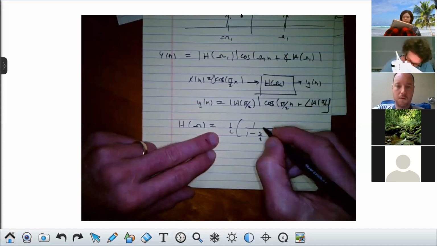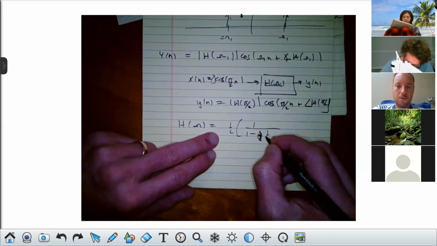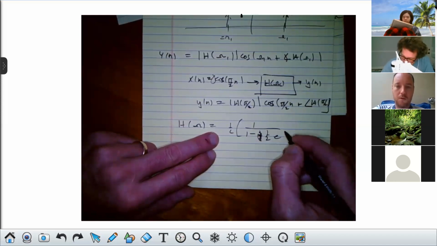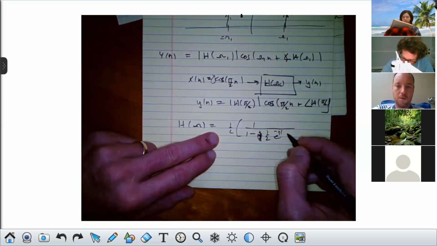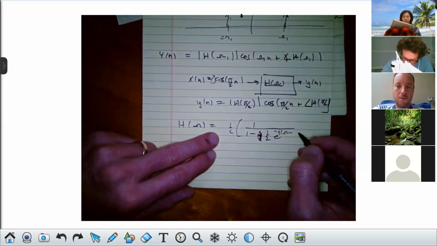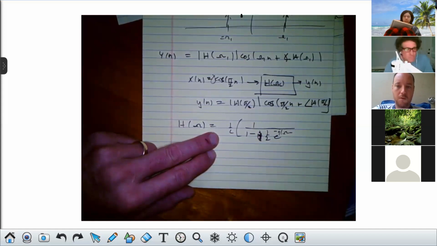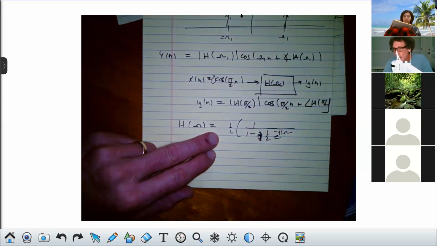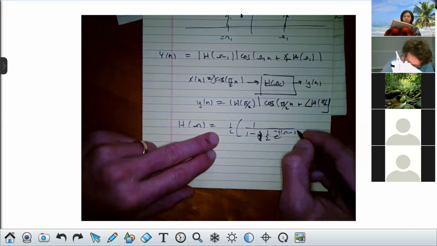Sorry, yes, this would be 1/2. And then it's e to the minus j omega minus, what was the thing multiplying the first one? Was a cosine of what in the first one? Pi over 2. Oh, beautiful. So this is pi over 2.